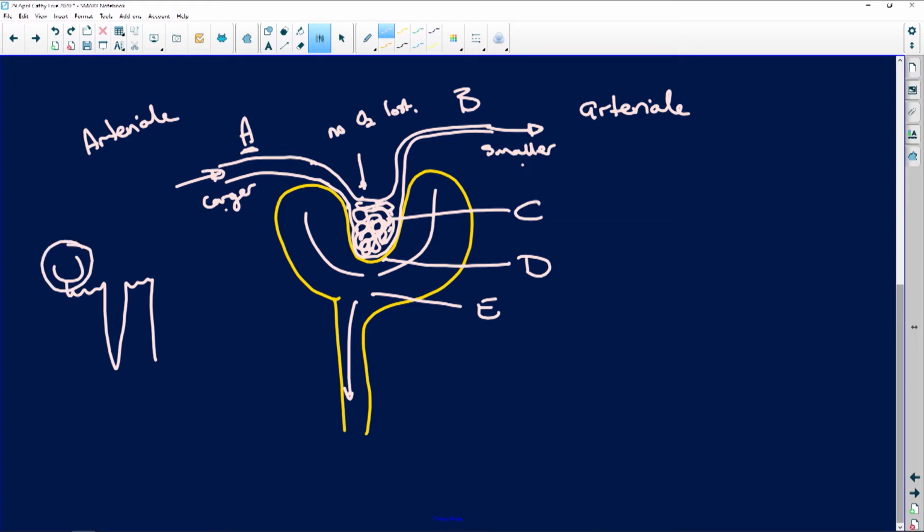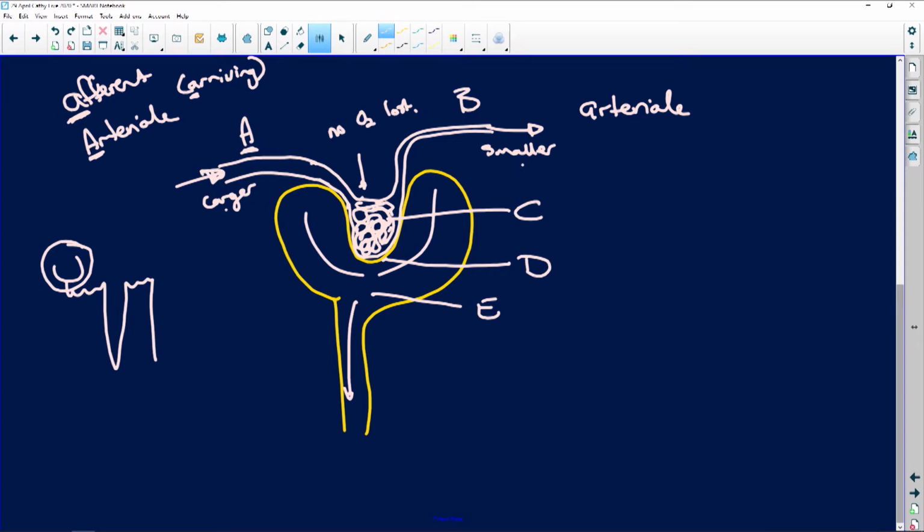All right, now let's do our labels. A is going to be your afferent arteriole. Afferent because it is arriving, and that's how you're going to remember it. It is arriving with blood coming in here.